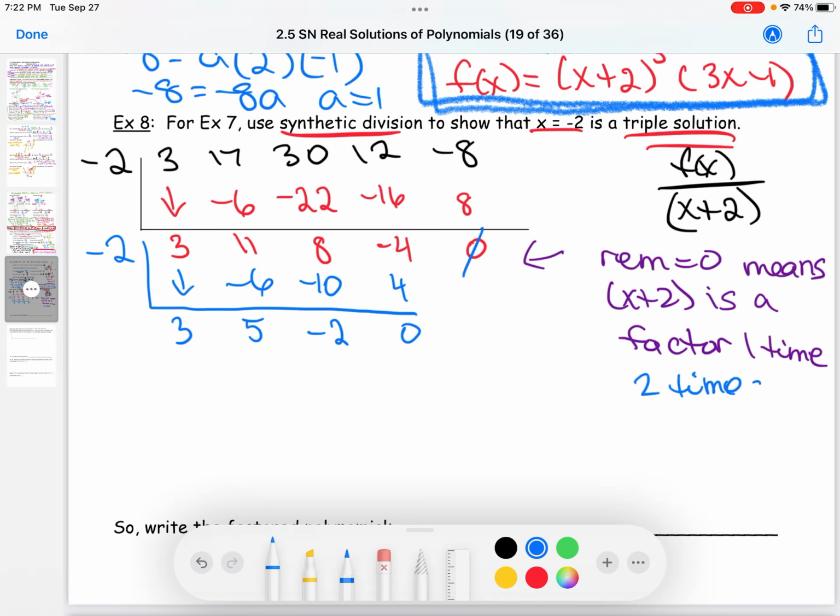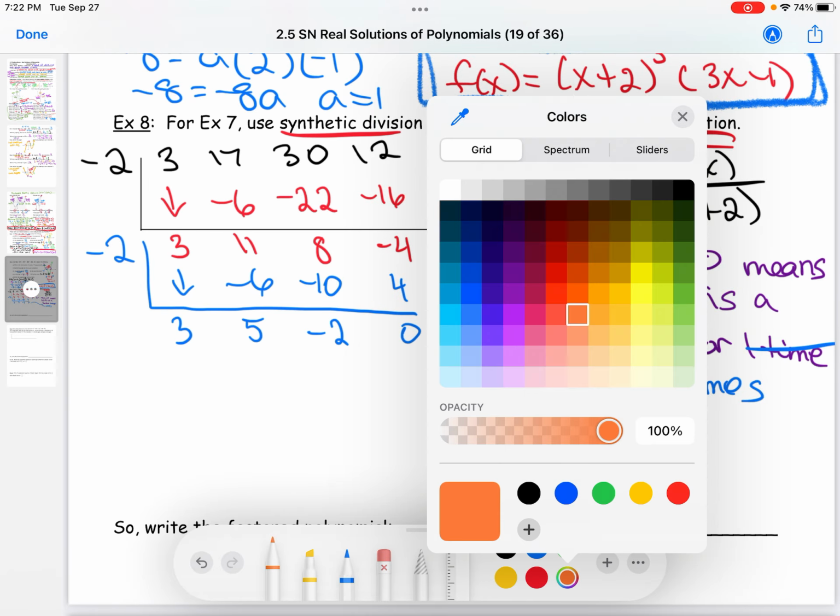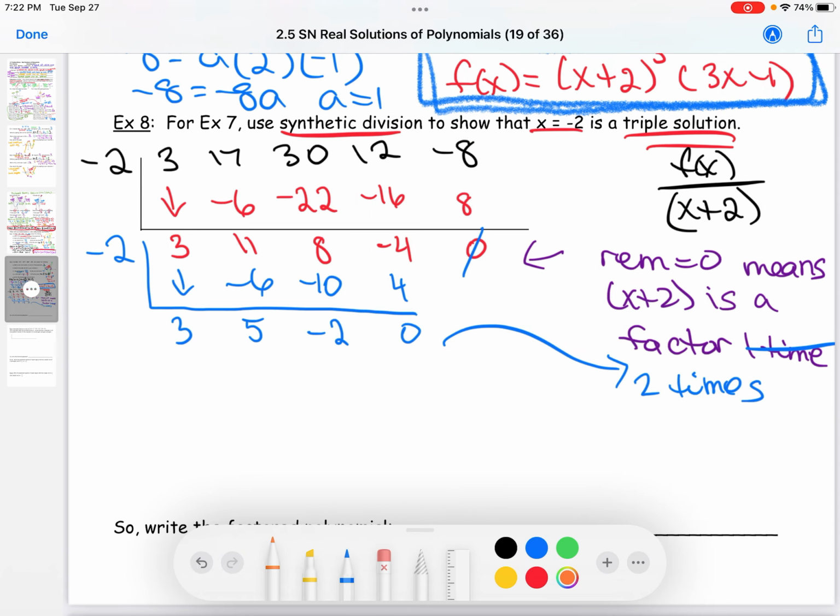So this being a 0 now means 2 times we have a factor. We're going to do this again. Until we don't get a remainder of 0, we'll keep doing it.